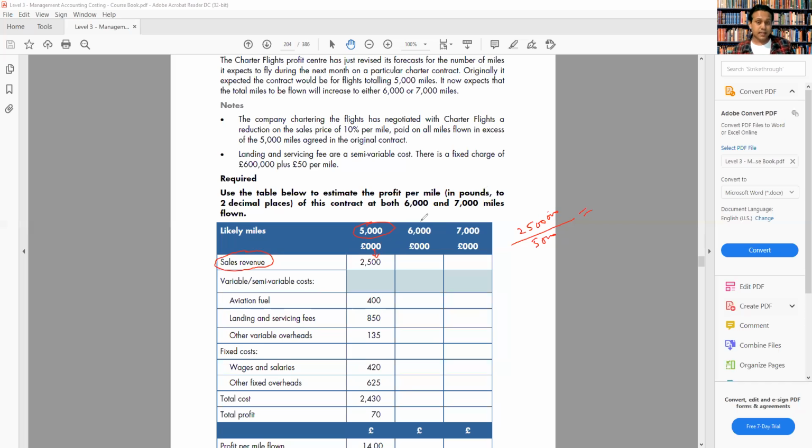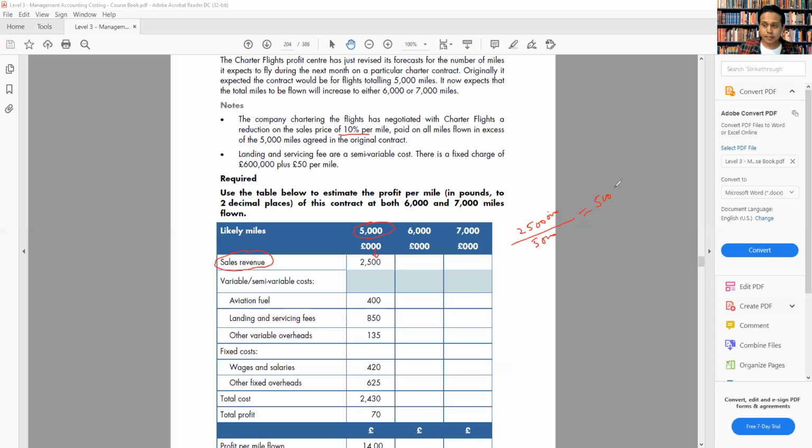But there is an issue here. The issue is the 10% per mile. We have to give a 10% discount on the difference between 5,000 and 6,000. So let's calculate that first. 2,500 divided by 5, so 500 per mile is the selling price.